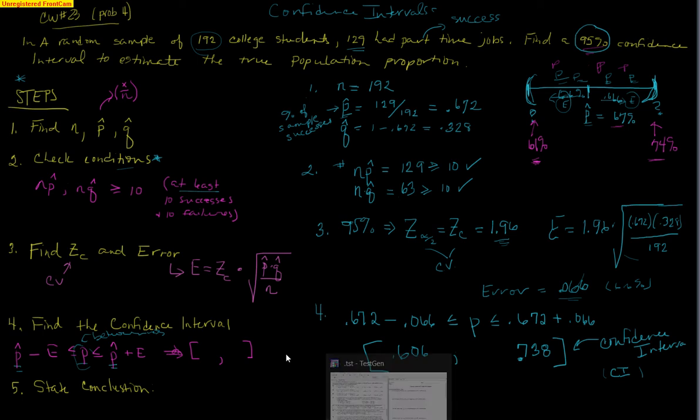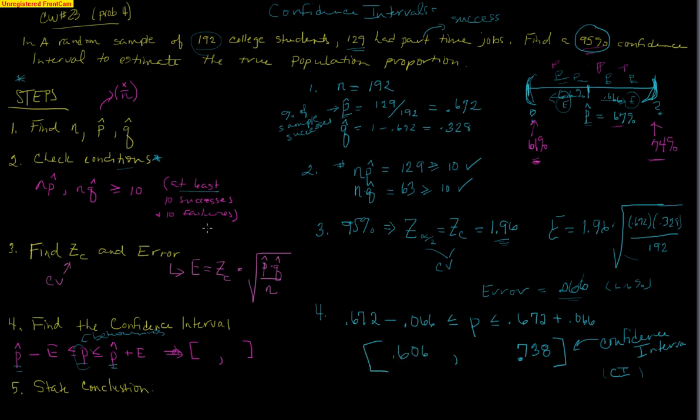So how do we write that as a final sentence? Because step 5 is to write your conclusion. Let me just put it down here so we have it all on one page.